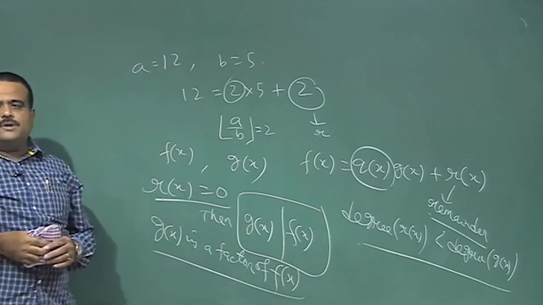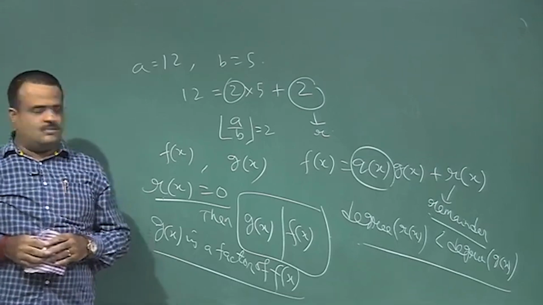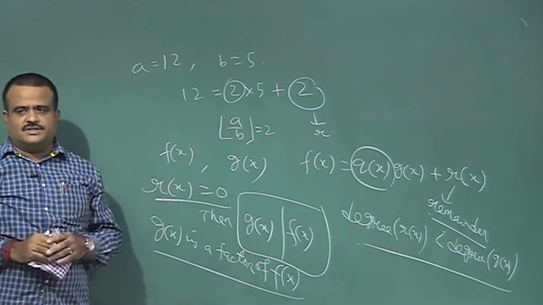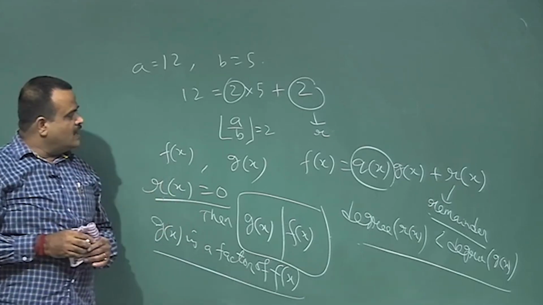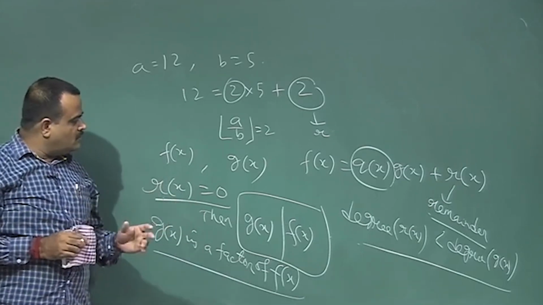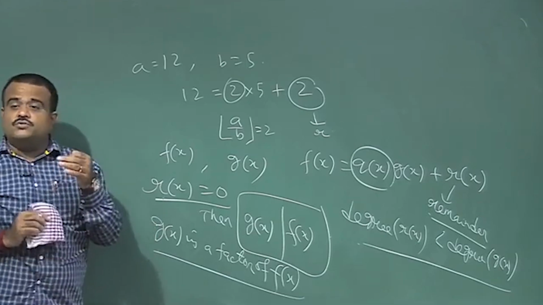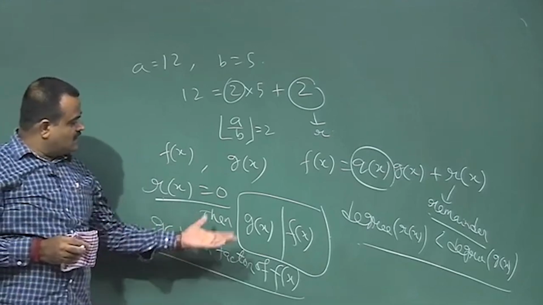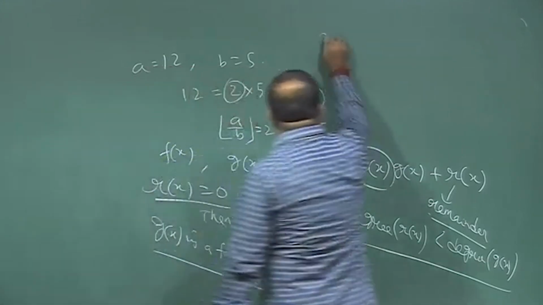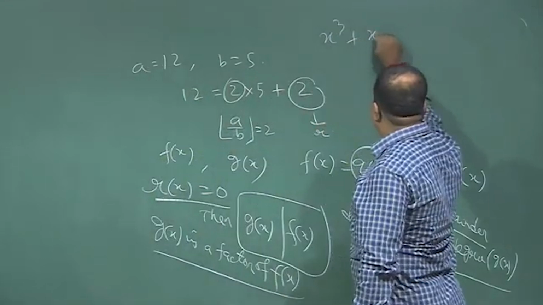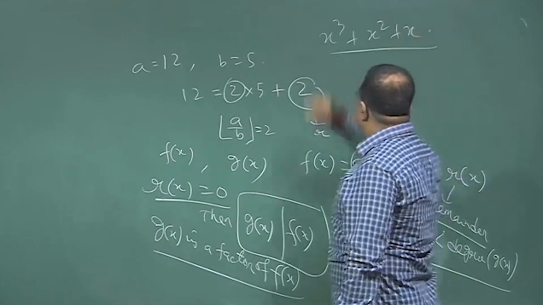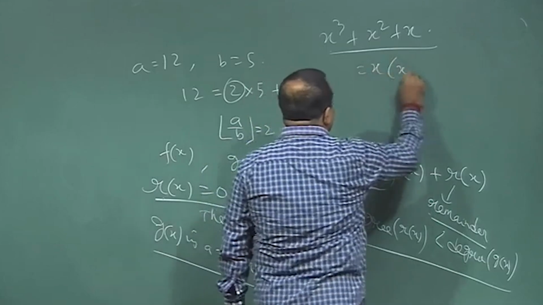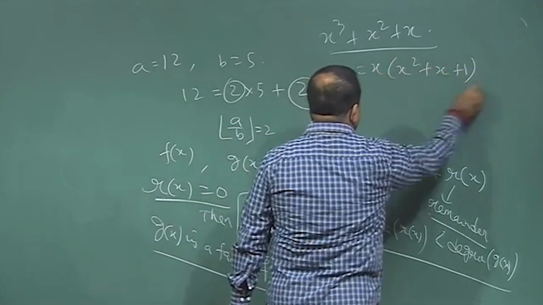Now, we call a polynomial an irreducible polynomial if it has no factor. If such a g(x) does not exist, then the polynomial is irreducible. For an irreducible polynomial, it has no factor, so we cannot reduce it further. Like, if we have the polynomial x cube plus x square plus x, this is not an irreducible polynomial, because it can be factored as x into (x square plus x plus 1).